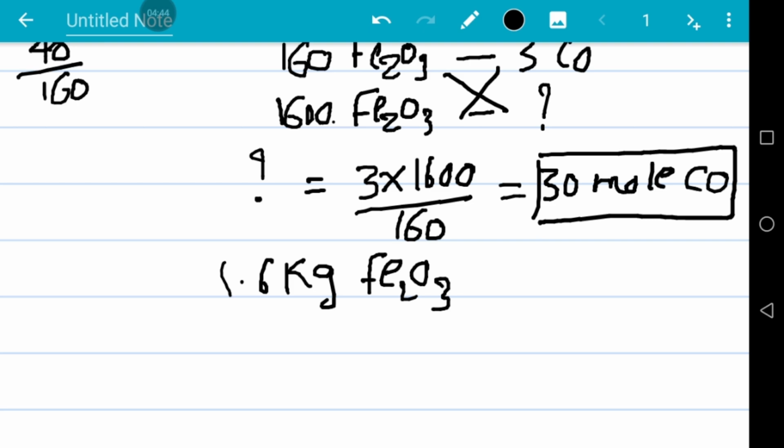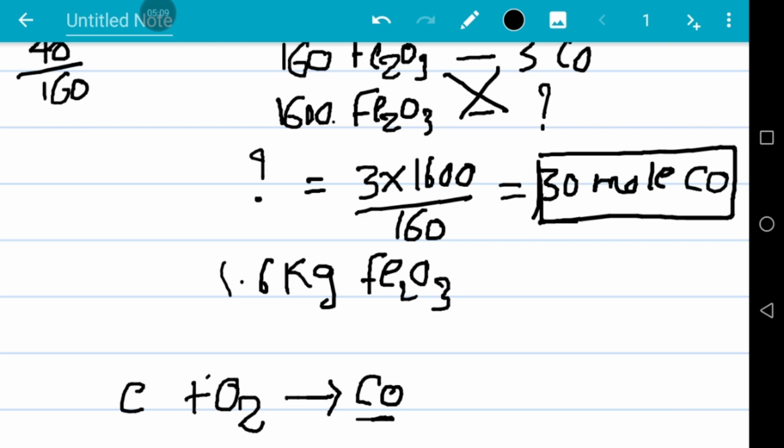Now what they're asking: this CO is enough to reduce the 1.6 kg of Fe2O3, and it is produced from oxygen. How much oxygen is needed to form this CO, they are asking. So oxygen combines with carbon, then CO will be formed.